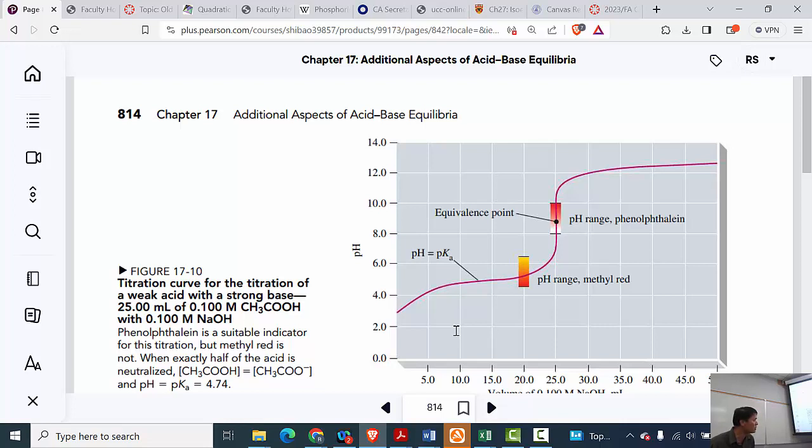And so it becomes a lopsided buffer. Optimum buffer would have a 50-50 mix of acid, in this case acetic acid, and base, acetate. It's 4.74, sorry, 4.74. Misread that. And so to about 5.74 and to about 3.74 would be good.